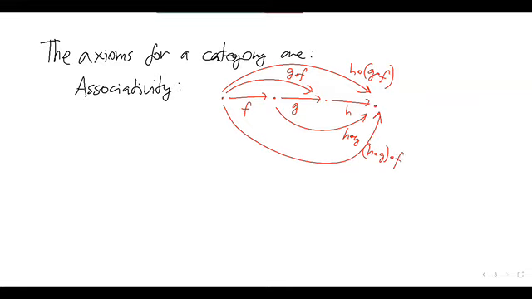And if you think of these three arrows as processes, let's maybe give an example. So F means putting on a jersey. G means putting on a coat.